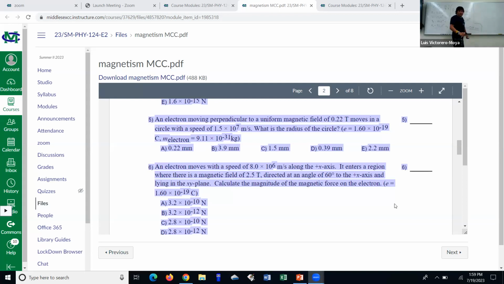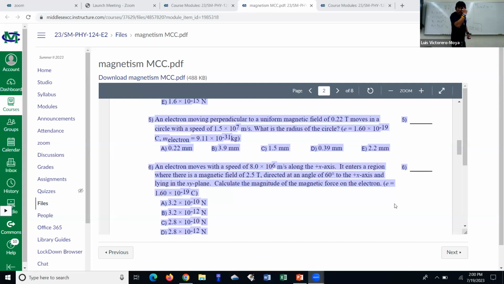So it says calculate the magnetic force, electron moving with a speed of 8 times 10 to the 6 meters per second in the positive x direction.